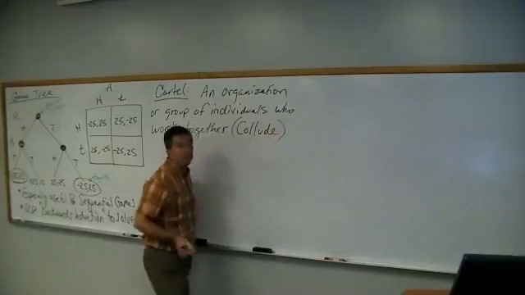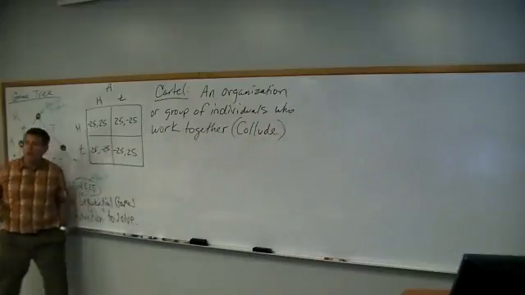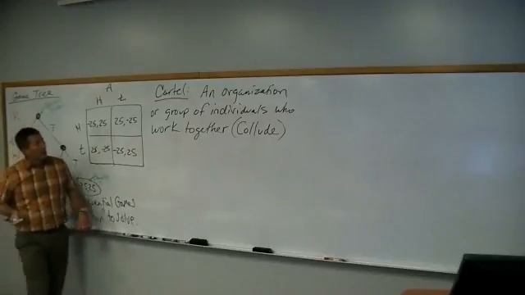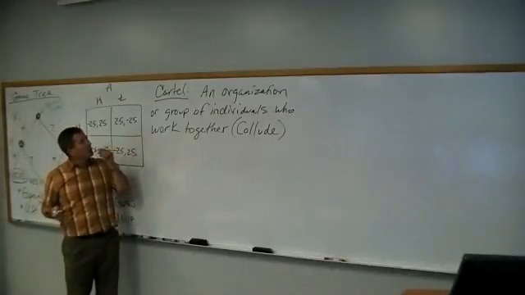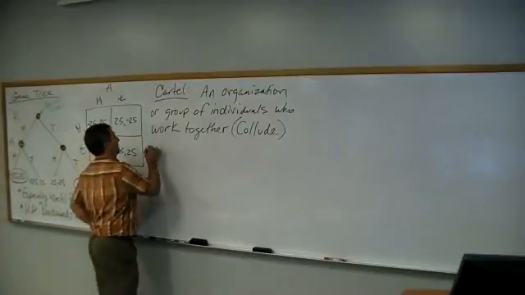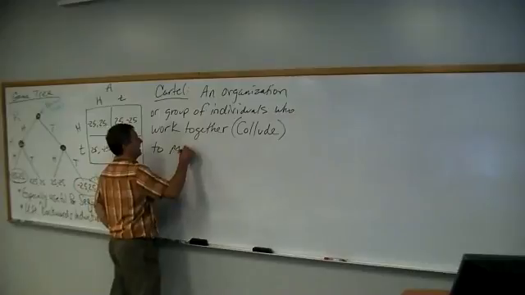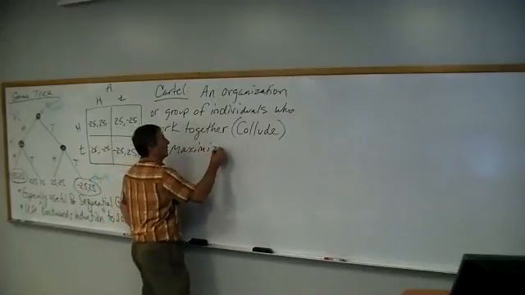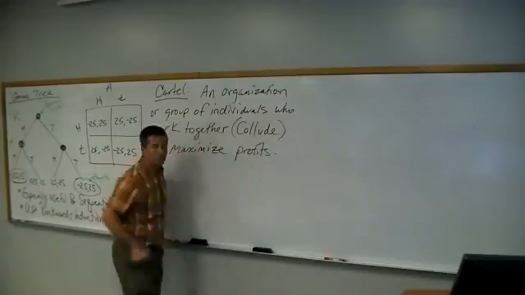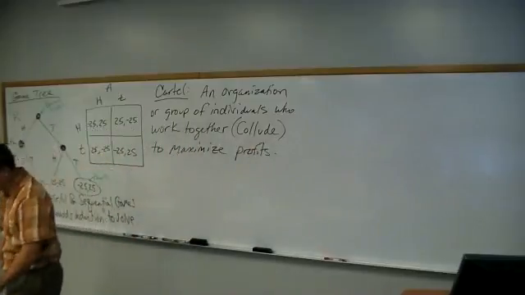They collude. An organization or group of individuals who work together, collude, to maximize profits or some other objective. But if we're talking about a company, we're still back in the profit maximization.